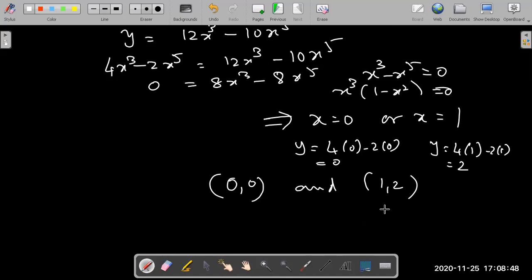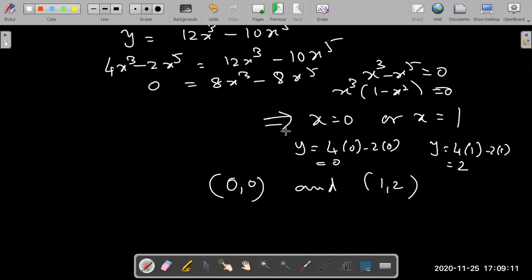Question 6.3, 18th question. 1, 2 is there. 1, minus 2 is also there, because we need to have one more line. 0, 0 is there, 1, 2 is there.